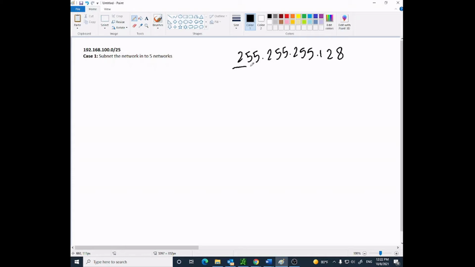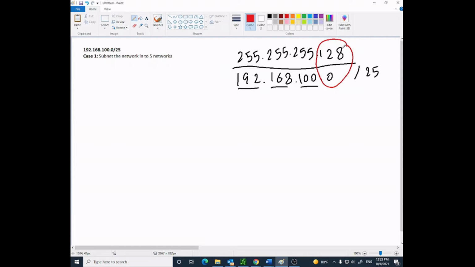Now, since this is my subnet mask, and this is my IP address, 192.168.100.0, and remember the prefix here is 25, all the networks that I'm going to be dealing with will have no problem with this term and this term and this term, and all the work will be done in this term here.